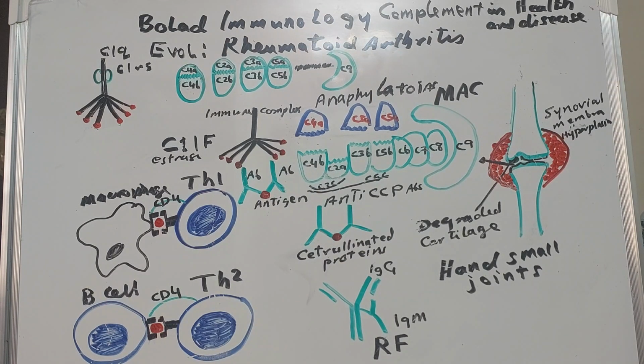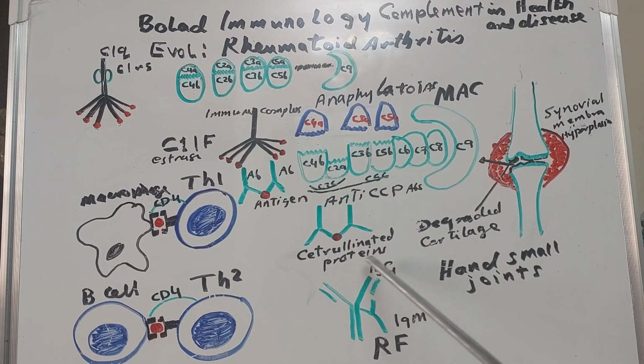And also it has been mentioned that some individuals may produce IgM antibodies against their own IgG. So here is the IgG, which acts on antigen, while this IgM acts on the antibody.